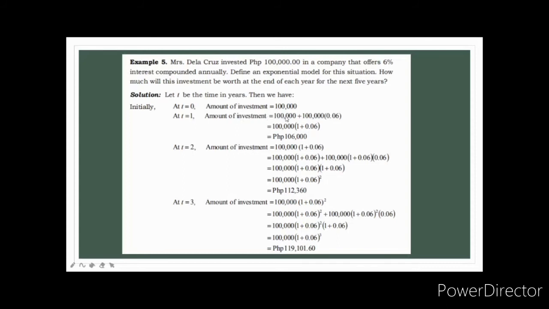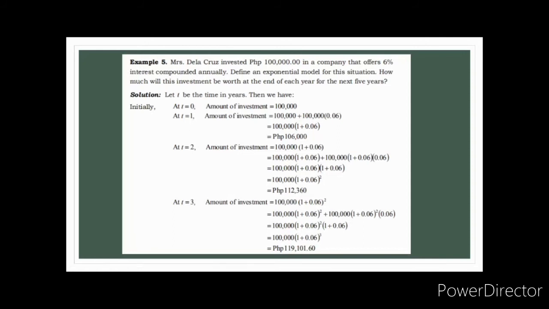At t equal to 2, the amount of investment is equal to 100,000 times 1 plus 0.06, that is, in the second year, 100,000 times 1 plus 0.06 plus another 6% of 100,000 times 1 plus 0.06, and that is equivalent to 112,360.